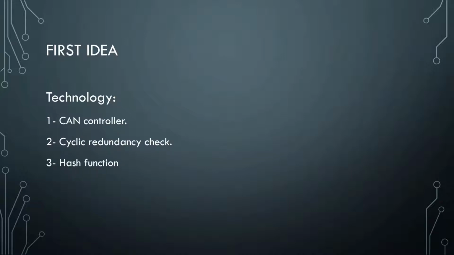Then, the hash function. It is required to compress a string to a specific length of data. Next, monotonic counter. It is needed to protect the system from replay attacks.